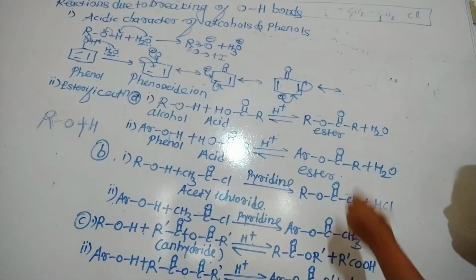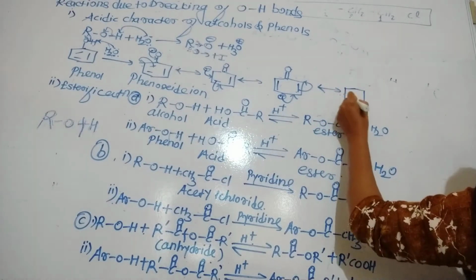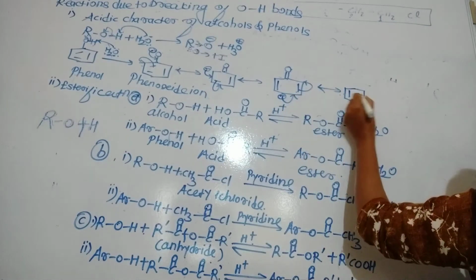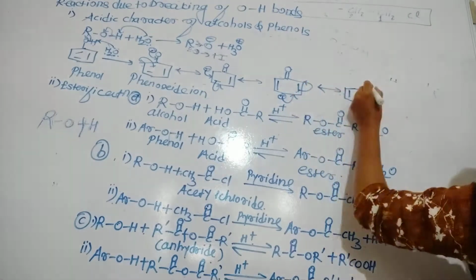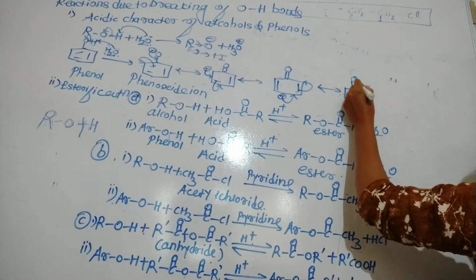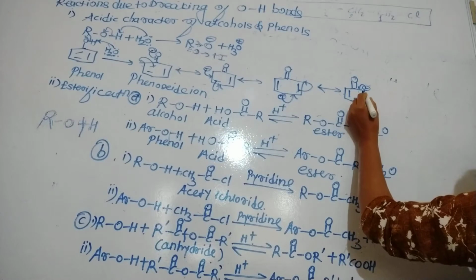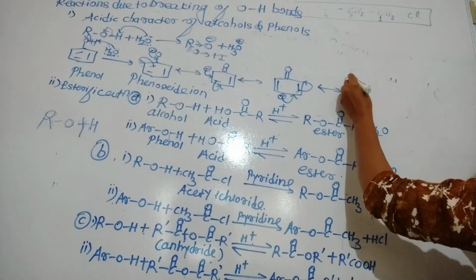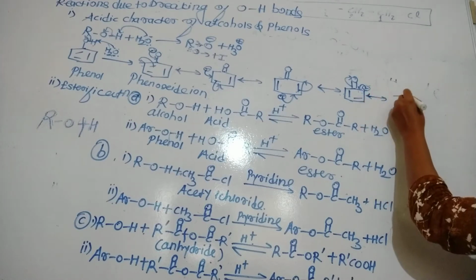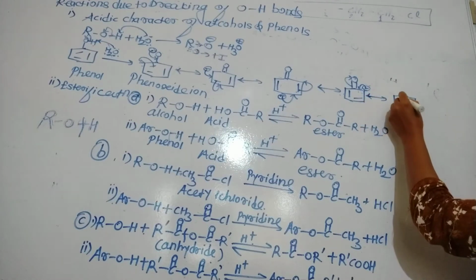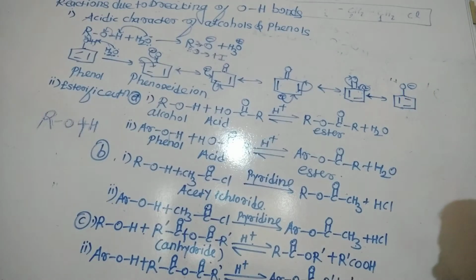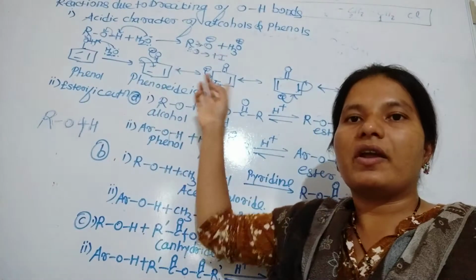In the next step, this negative charge shifts here, forming a pi bond, and this pi bond shifts, forming a negative charge. Again this negative charge shifts, forming a bond, and this pi bond shifts onto carbon, so the oxygen atom carries the negative charge, that means O minus. This is the resonating structure for the phenoxide ion.